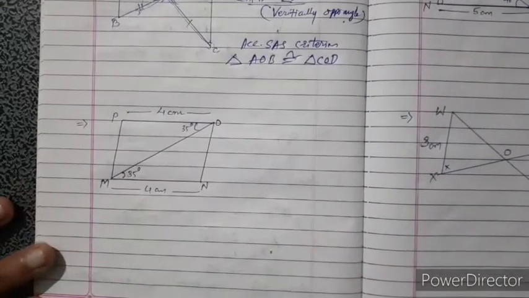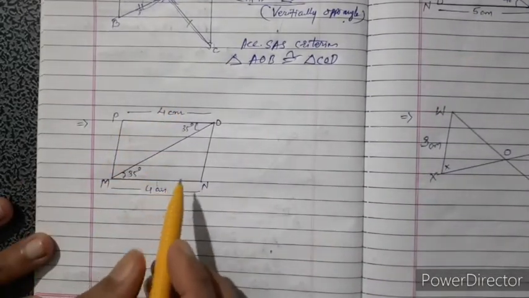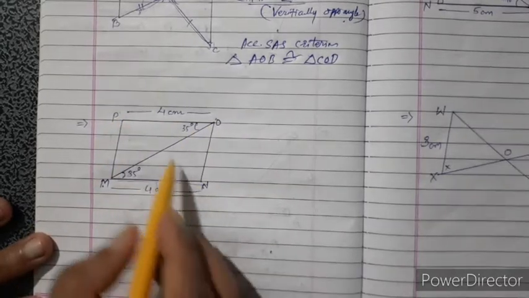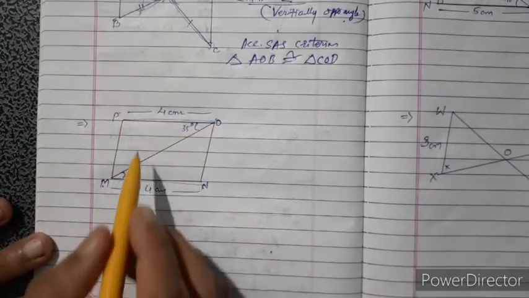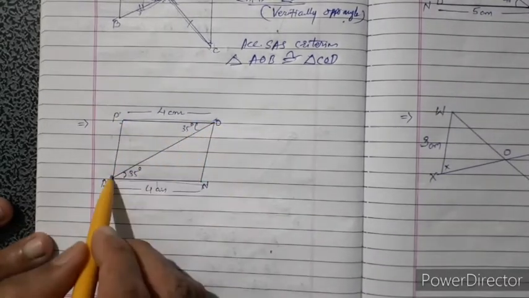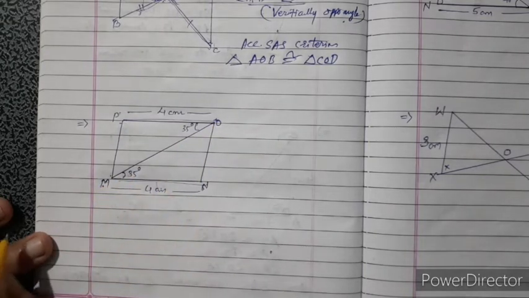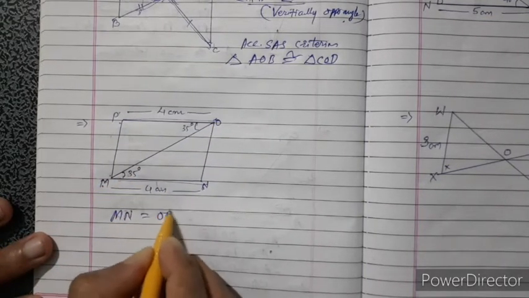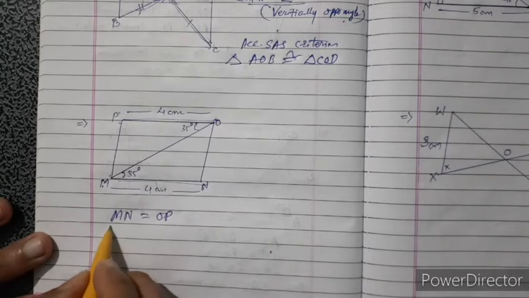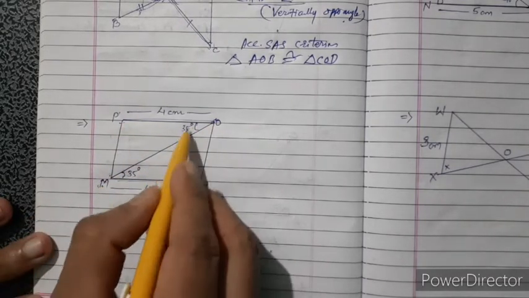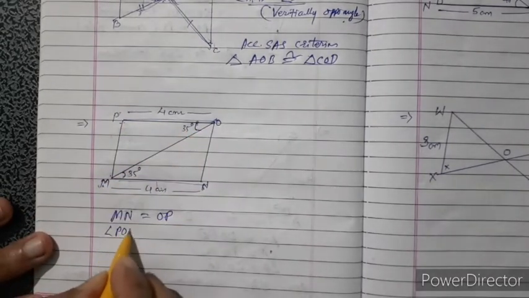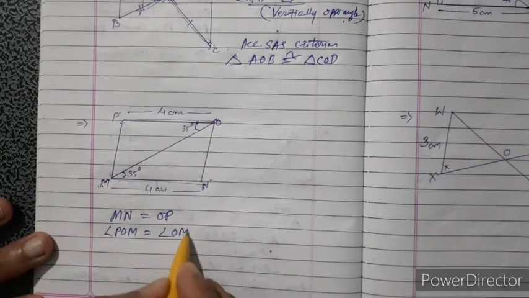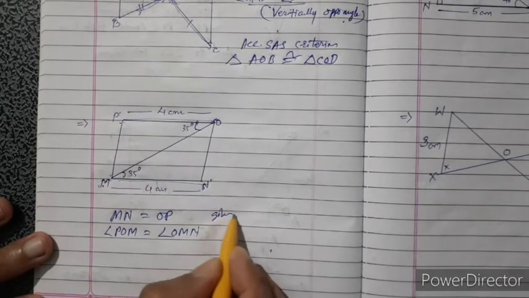Same here. Look, in quadrilateral MNOP, MN equal to PO is given, and angle POM and angle OMN are equal. So MN equals OP, then angle POM equals angle OMN, which is given.